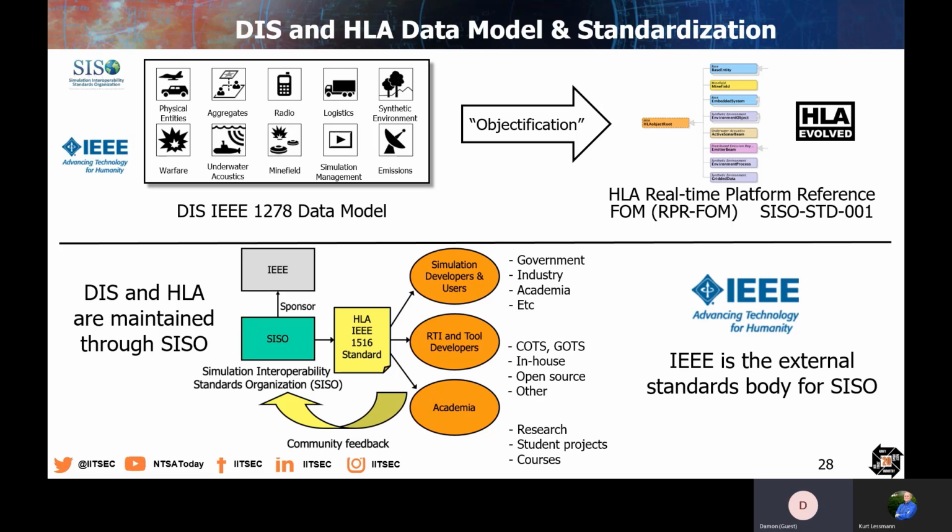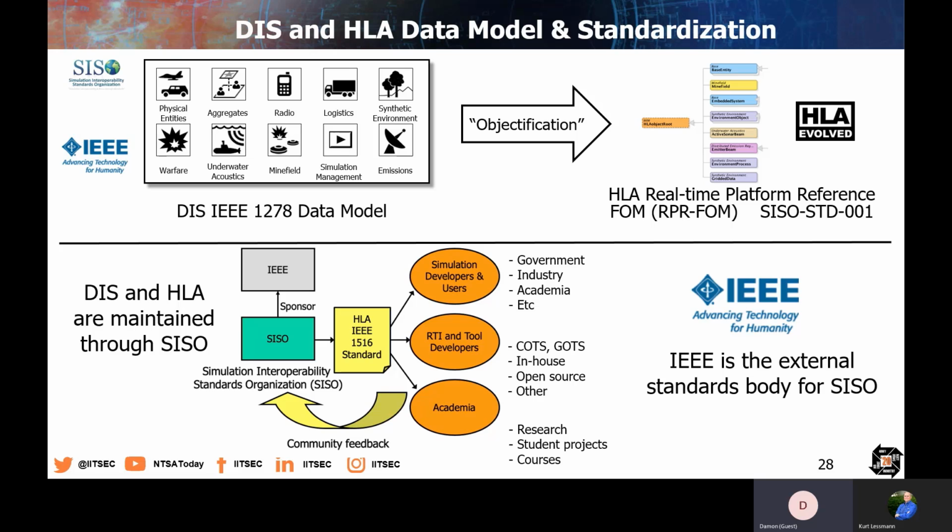So you'll see here at the top things such as physical entities and aggregates, radios, logistics, all those things are objectified, kept in an object reference sort of a way, and therefore HLA in its Real-time Platform Reference FOM, or RPR FOM as it's called, which is the most common FOM for use of HLA systems. And that is a FOM that developed from the earlier DIS standard to make it easy for DIS systems to exchange data with HLA systems.